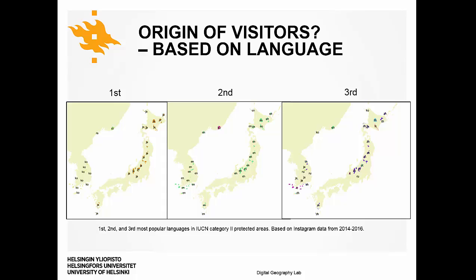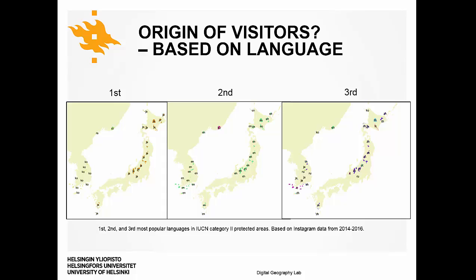So for example, this is now from Korea and Japan, and the national parks that are in those countries. And what Vuokko Heikinheimo, who's a PhD student in the project, has been doing is identifying languages using an automated language identifier.